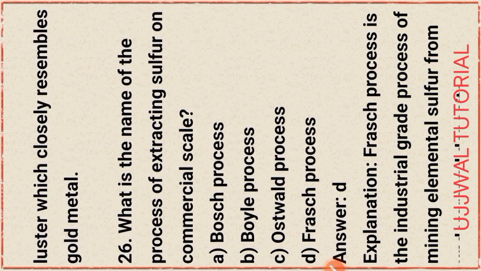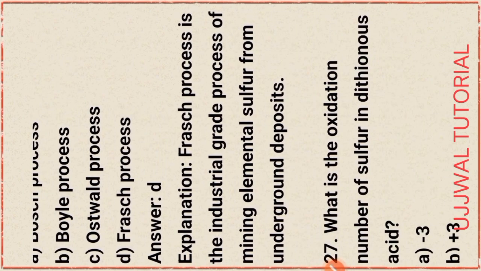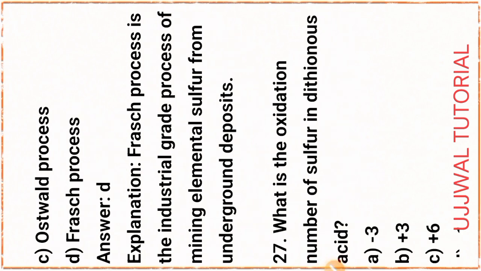Option D, that is Frasch process. The Frasch process is the industrial grade process of mining elemental sulfur from underground deposits.